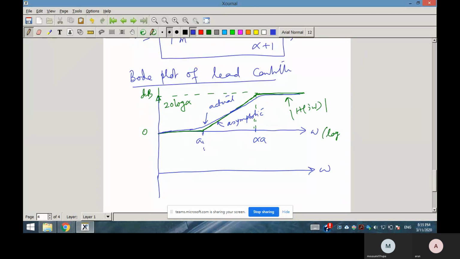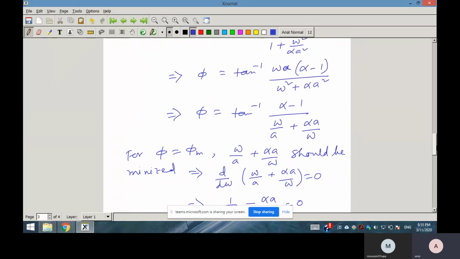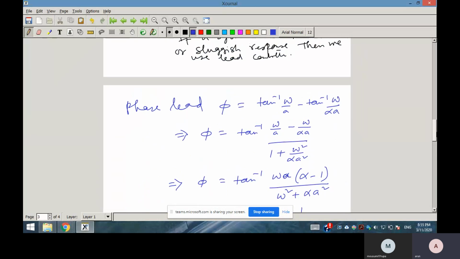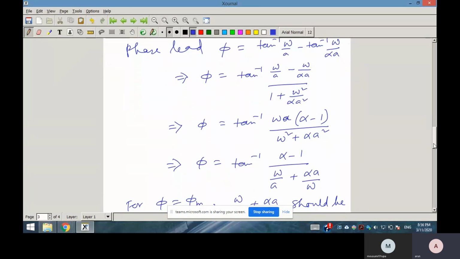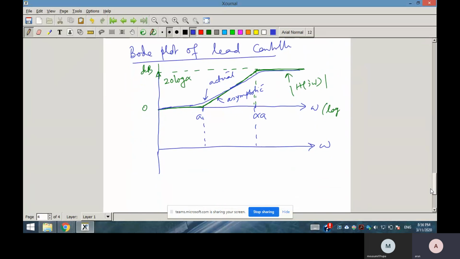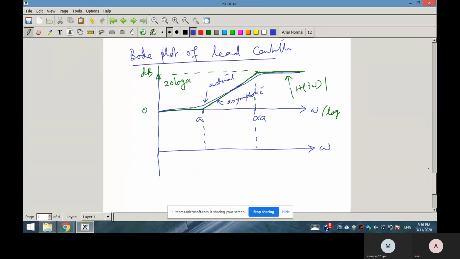Now, what is the phase plot? For the phase lead, at omega equal to 0 the phase will be 0, and at omega equal to infinity also it is 0, and it will be maximum at omega equal to a root alpha. So it will be like this.